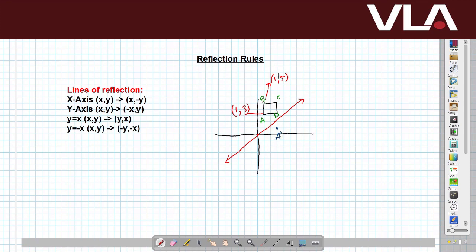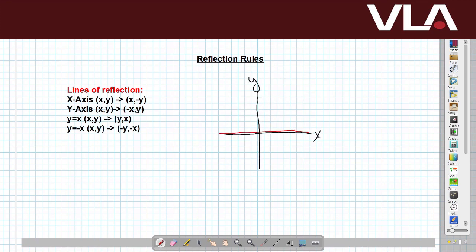And then B is 1, 5, so I flip those, it'd be 5, 1. 1, 2, 3, 4, 5, 1. So just that one portion of our square. The rest of the coordinates you do the same way. You just find what the coordinates for each point are, and then since it's reflected over y equals x, you just flip them and then regraph.